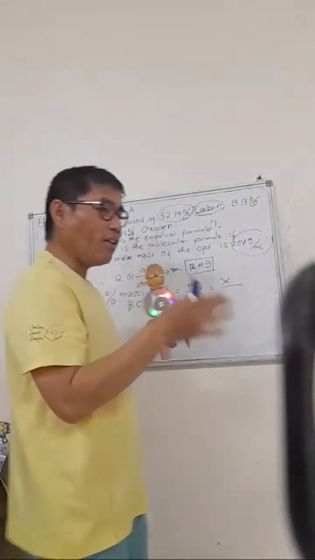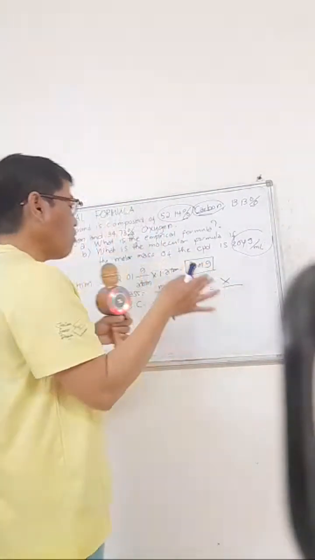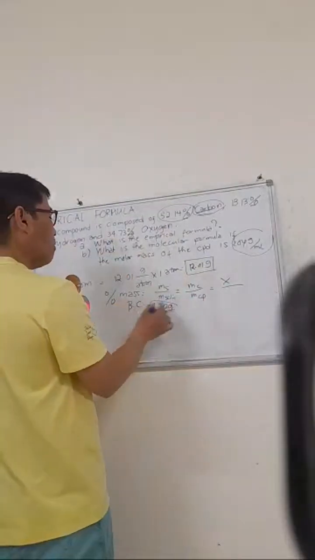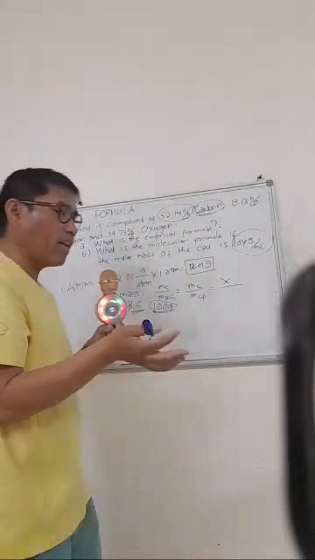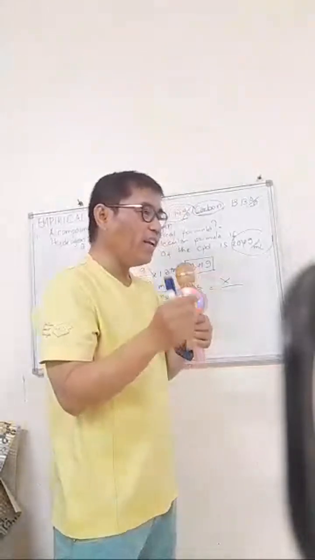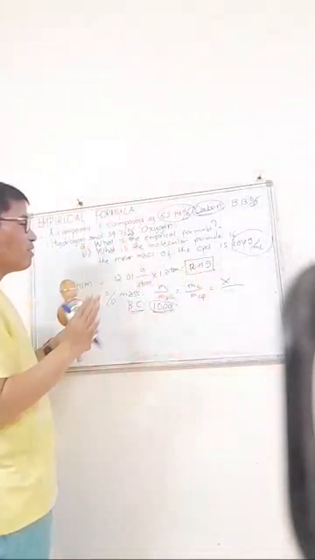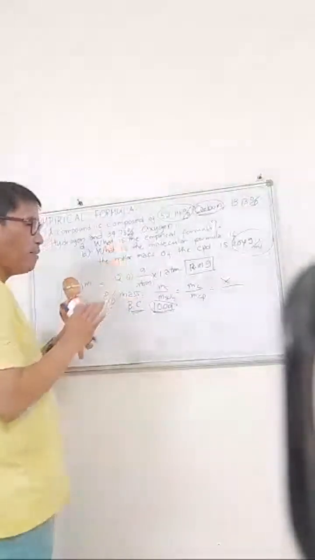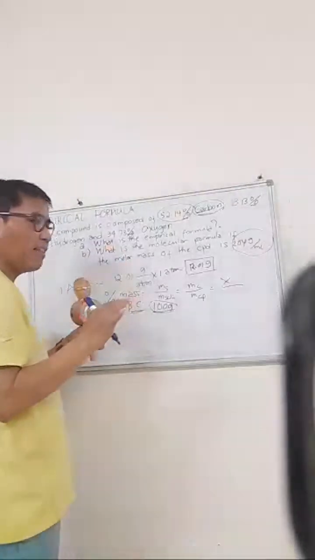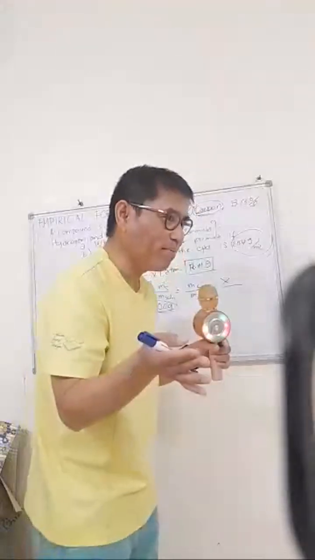Unless otherwise specified, if there's a mass of the compound given, then you don't have to set a basis of calculation. The basis of calculation will only be there if there's no mass of the compound or solution given. Do not apply that every time.